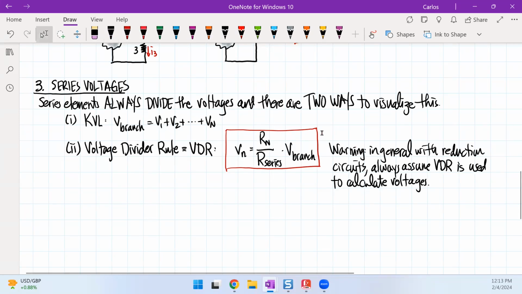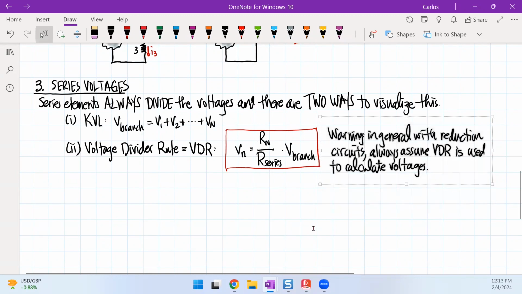KVL should be the last thing that you should think about. In fact, if you're using KVL in general, that means you didn't see the circuit. Okay, you didn't see the circuit.